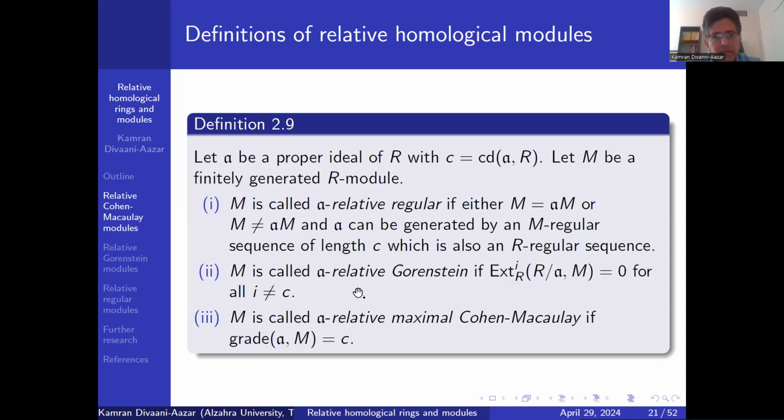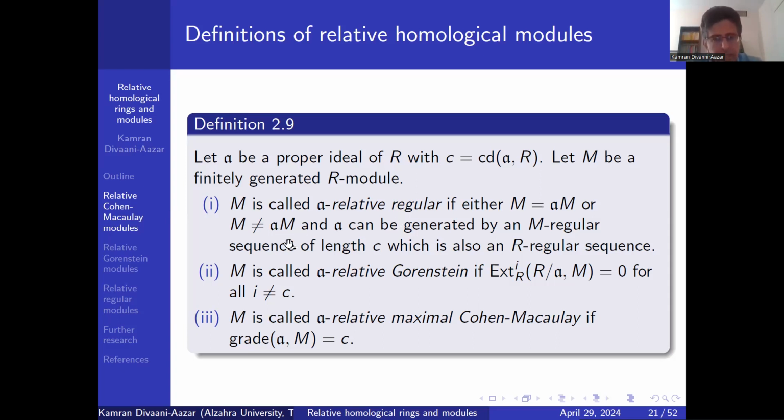And for Gorenstein-ness, we say M is a relative Gorenstein if these Ext modules are 0 for all i different from C. C is the cohomological dimension of A. So please compare these definitions with the original definitions of Gorenstein modules or regular modules.